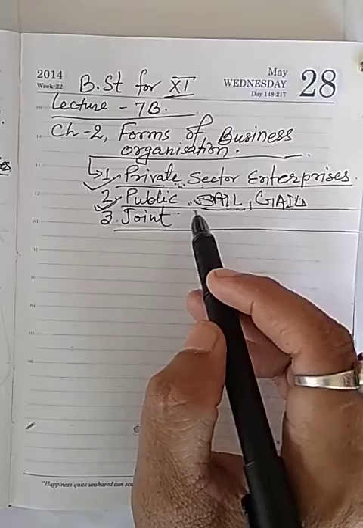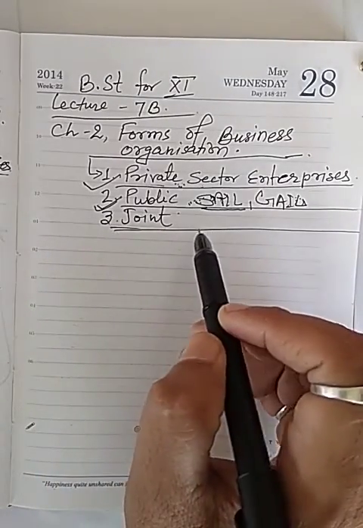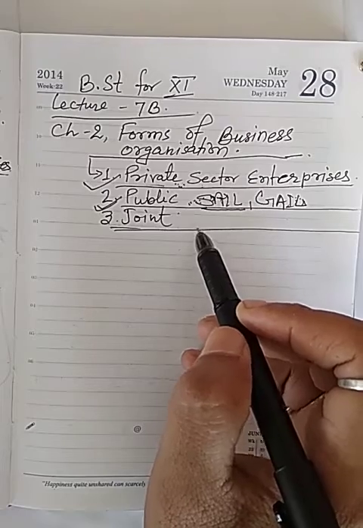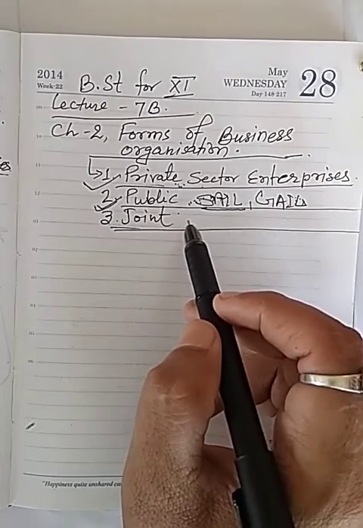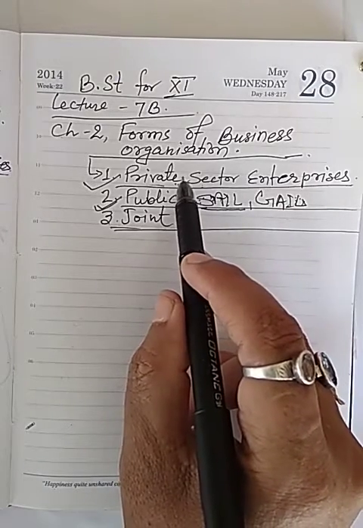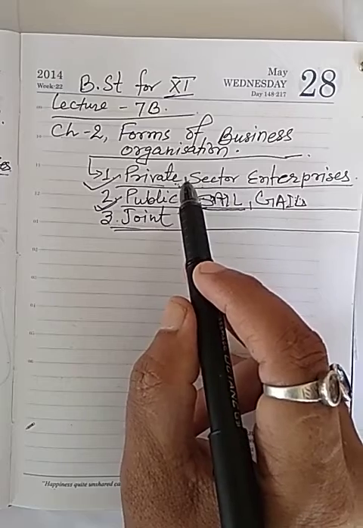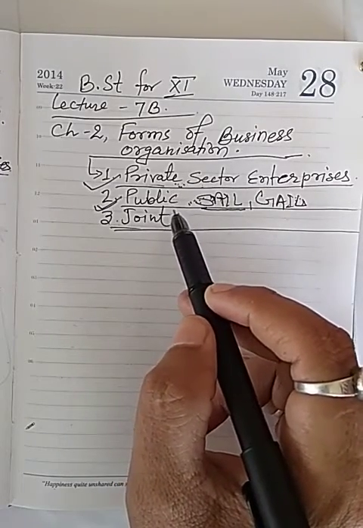Now, joint sector enterprises. The business enterprises which are owned, controlled, and managed jointly by private entrepreneurs and government.